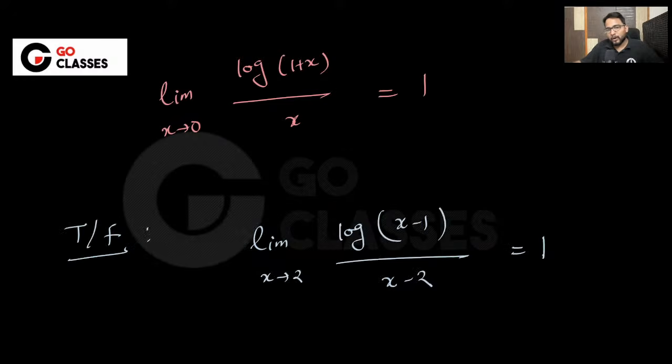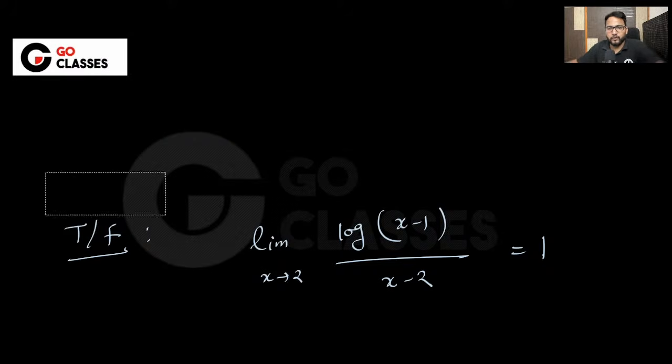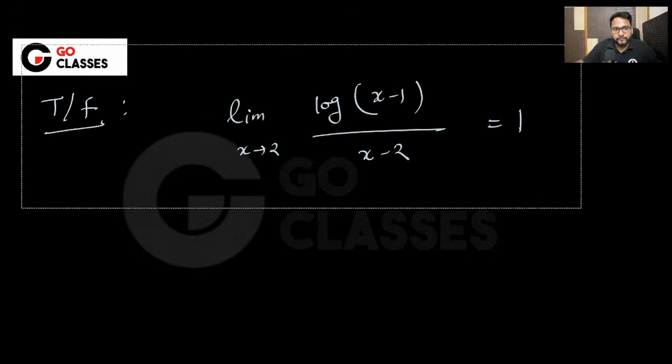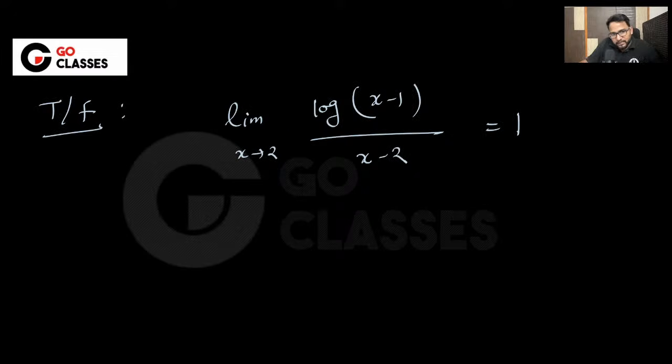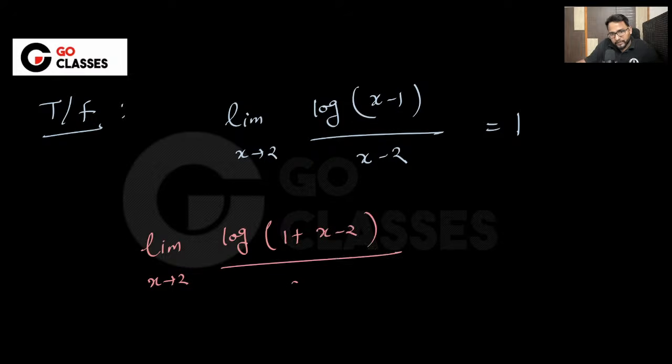Now if you want to answer this particular question, then you can say C. Here you can rewrite it like this: limit x tends to 2, log of, let's suppose, 1 plus x minus 2, upon x minus 2. Can you write like this? Yeah, I think we can. Here this is going to 0, and this is also going to 0.